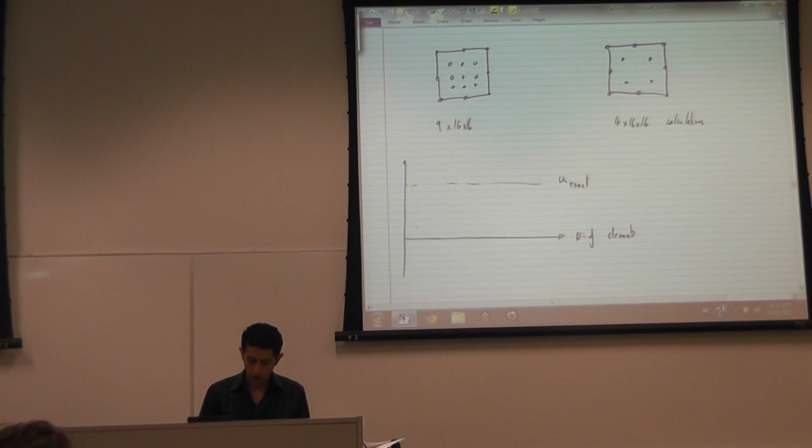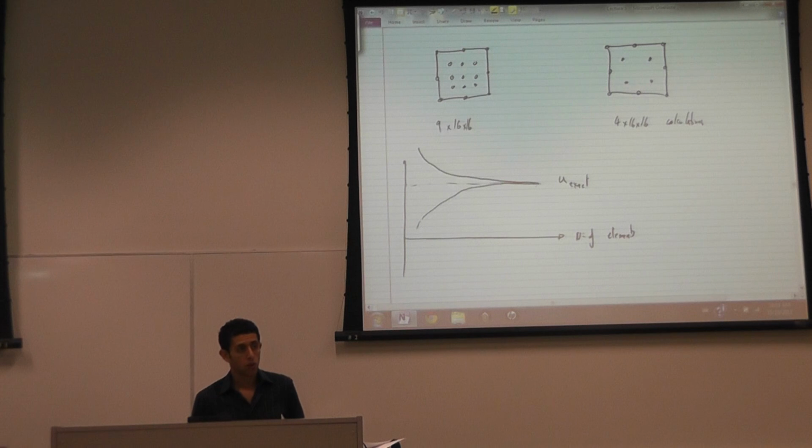The previous assignment gave you a displacement that looks like this, and the next assignment should give you a displacement that looks like this, which means the reduced integration makes the structure more flexible.